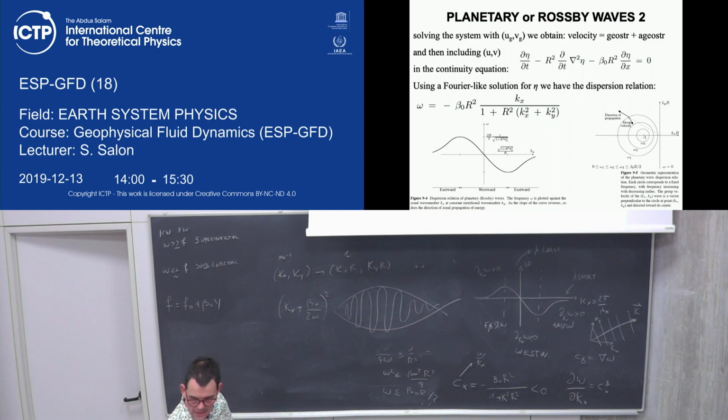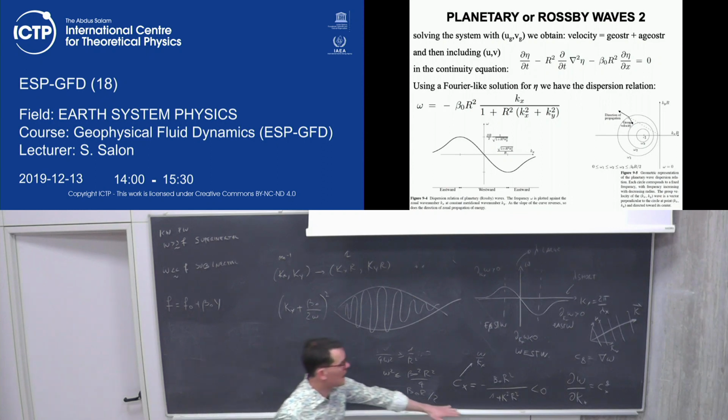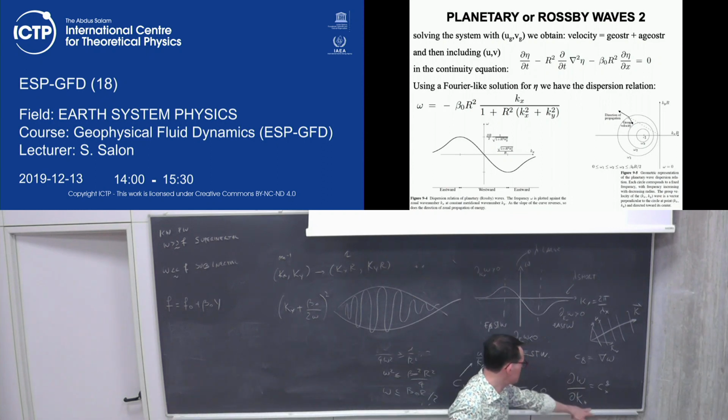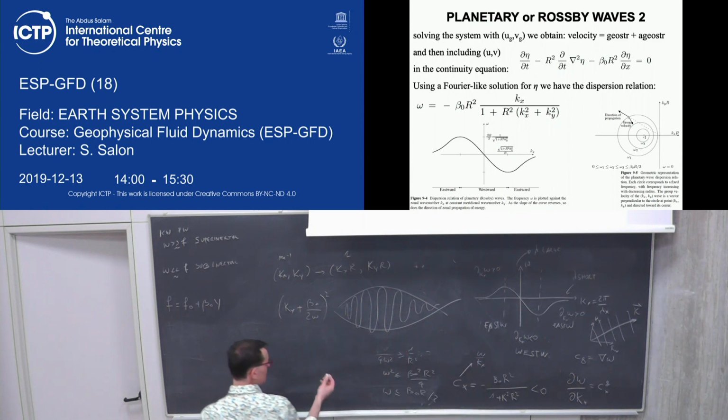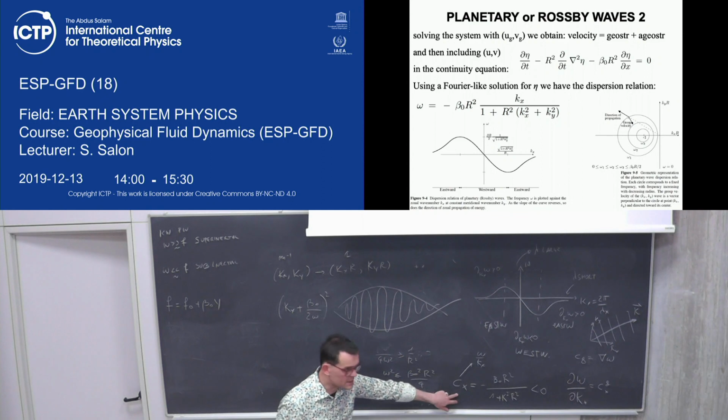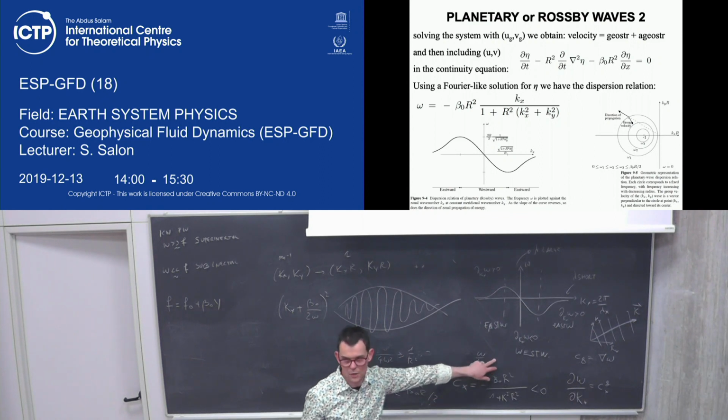So this is really the basis of wave dynamics. Cx is simply the ratio between the frequency and the wave number. So it's the velocity of one single phase having k and omega as wave number and frequency.